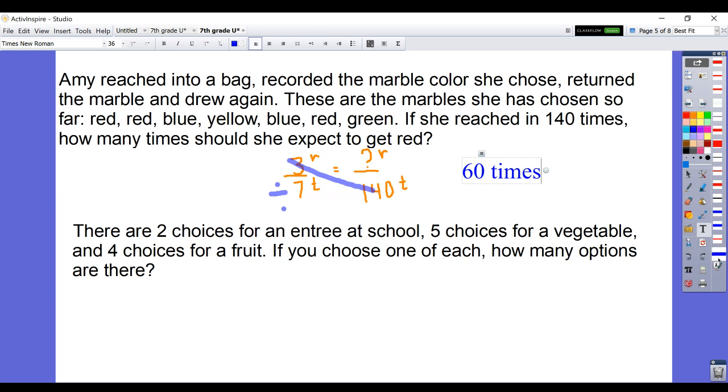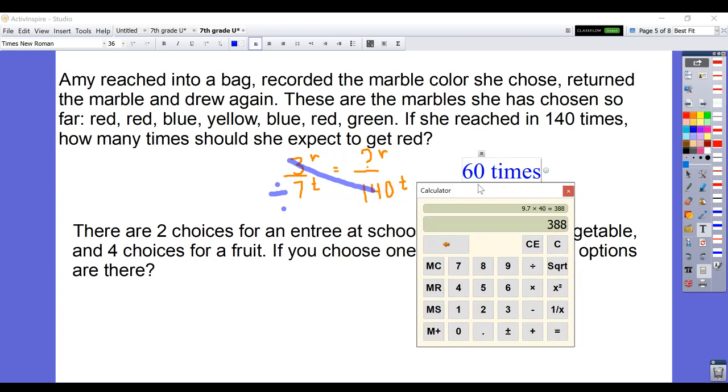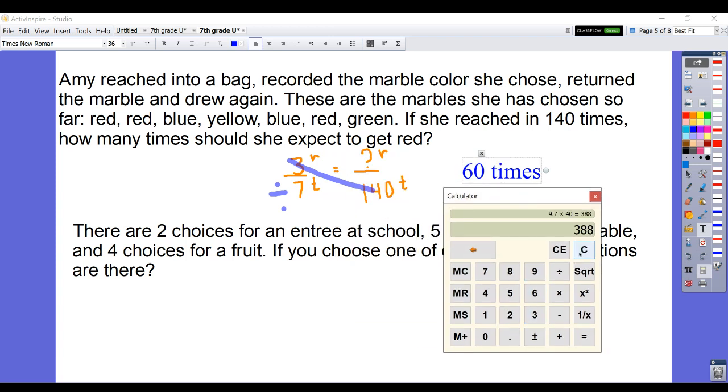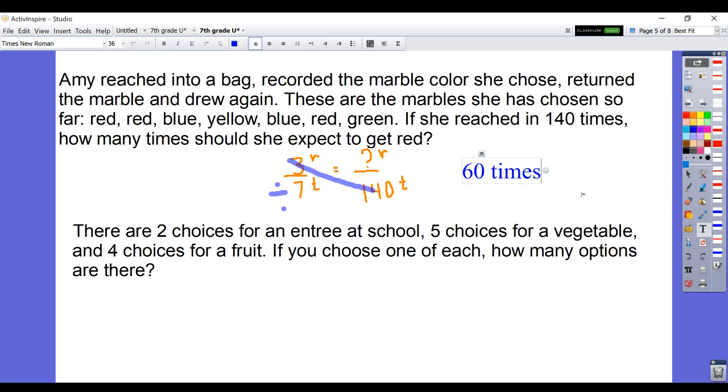Again, if you did that with your calculator and the cross products, that would be coming from 3 times 140 and then divided by 7. So there's our 60. Or like I said, multiply by 20 on the top, multiply by 20 on the bottom. Get to the 60 as well.